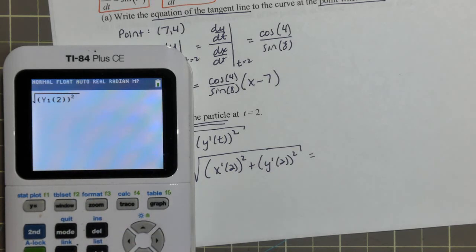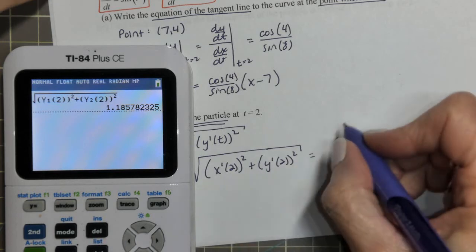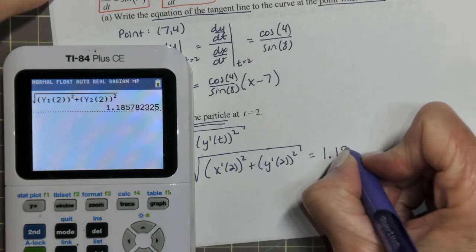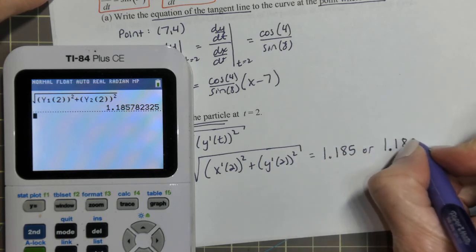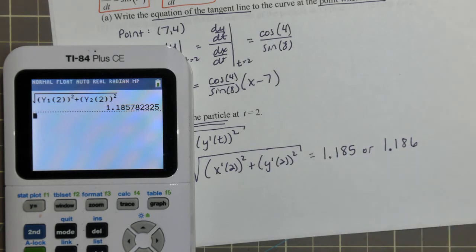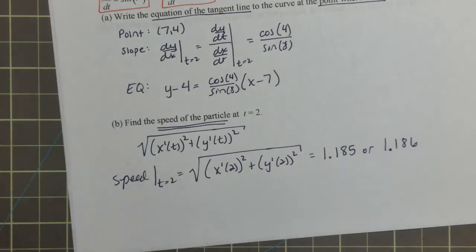And I'm going to square that plus y2 at time 2 squared. So you can type it in exactly like you have it on your paper, if you remember where you put your x prime and your y prime, which shouldn't be hard if you do the same thing every time. So two answers would be accepted here, 1.185 and 1.186 if you round that. Alrighty.